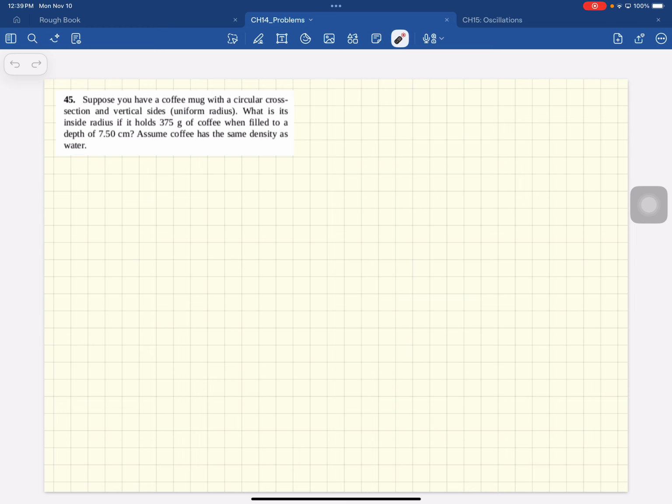So here everything is in centimeters, and we'll keep those units. The density of coffee is the same as the density of water, that's what we'll assume. And the density of water is 1 gram per centimeter cube in these units.